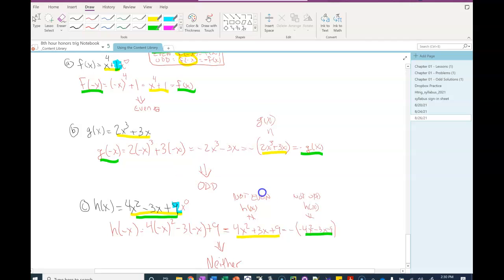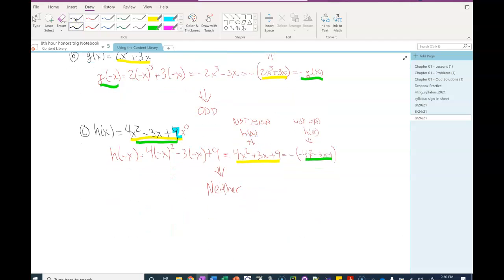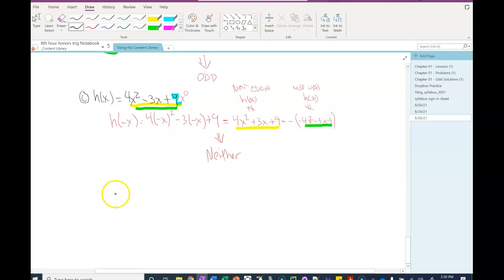Now, can we be a little bit more general than that? What if instead of saying we have the sum of even monomials is an even function and the sum of odd monomials is an odd function? What if we be even more general? What if we ask the question, the sum of even functions is even, or is an even function, I should say.